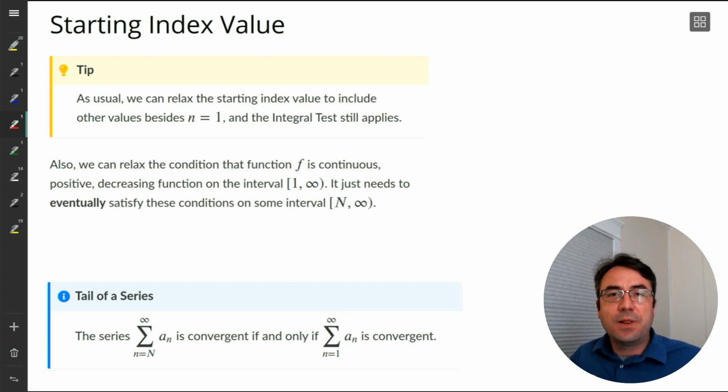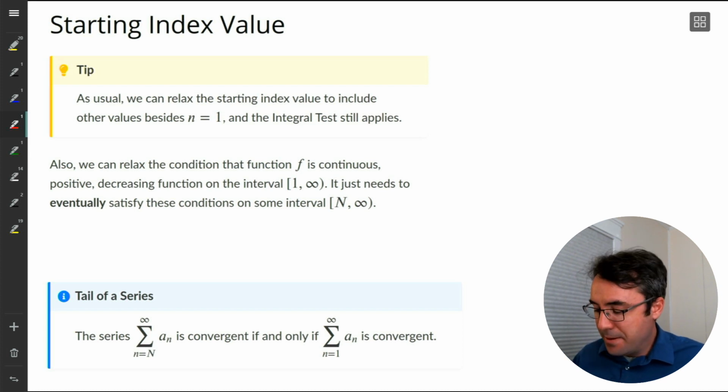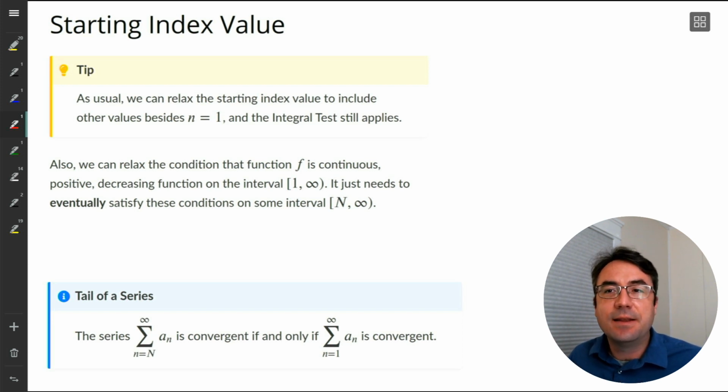So there might be a few places at the beginning where our function misbehaves a little bit. But if we go far enough out, eventually from then on, it satisfies those three conditions.